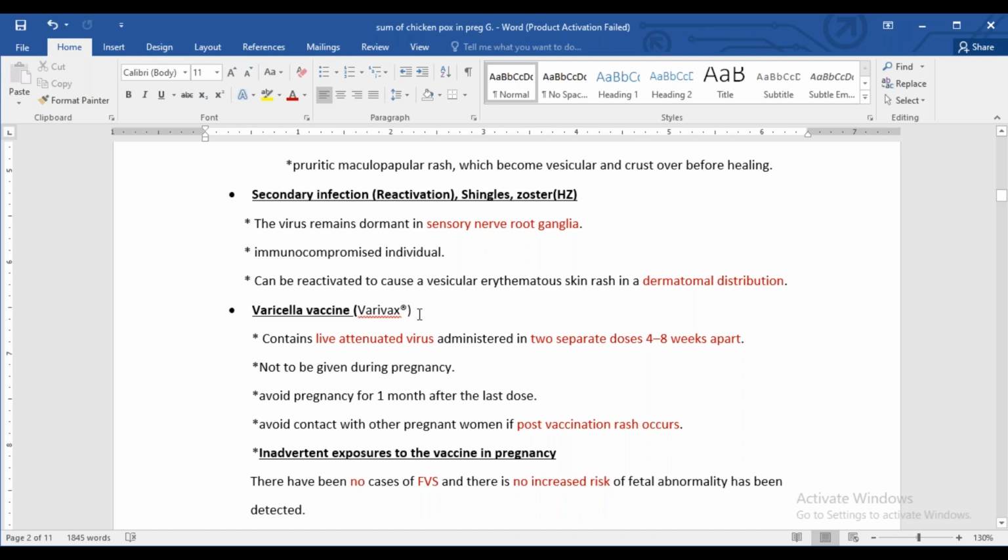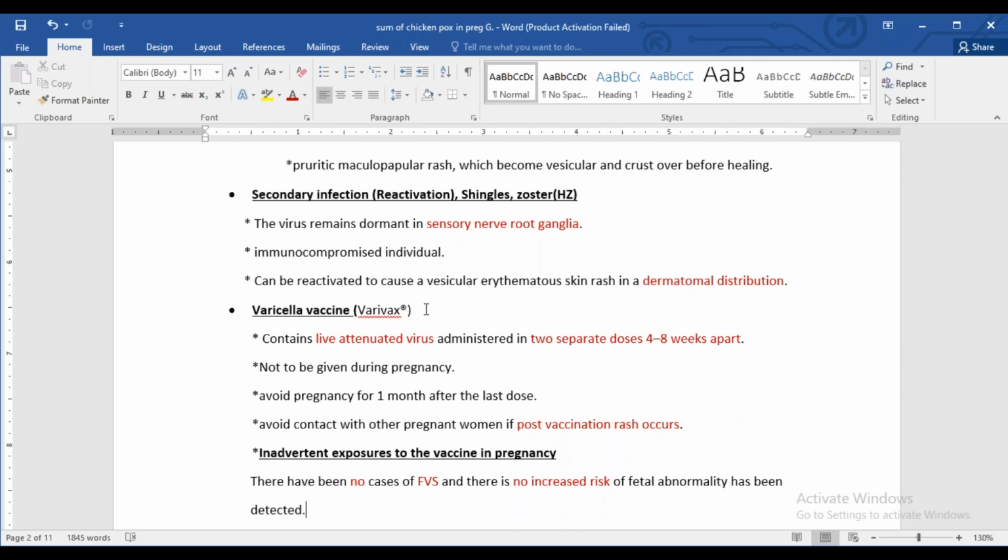Here, I would like to tell you a few words about the varicella vaccine, or as they stated in the RCOG guideline, it's a Varivax. It's by name. They said it by name. And we all know that the varicella vaccine is a live attenuated vaccine. So we can't give it during pregnancy.